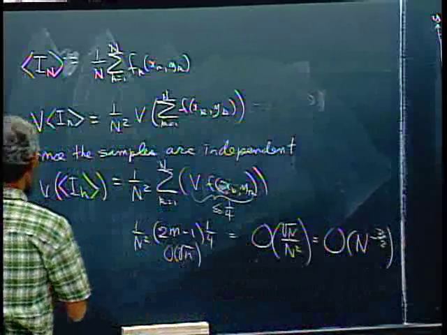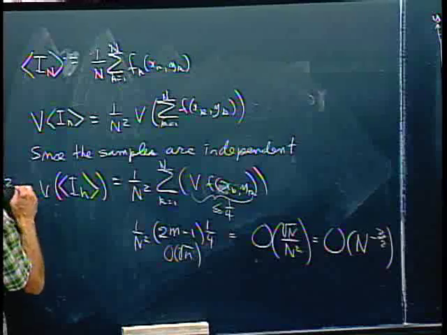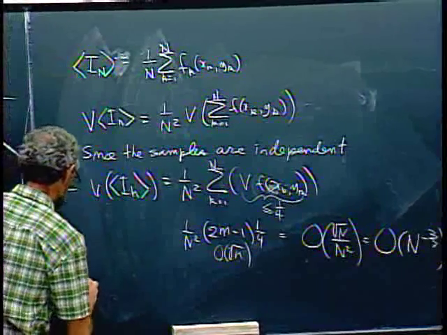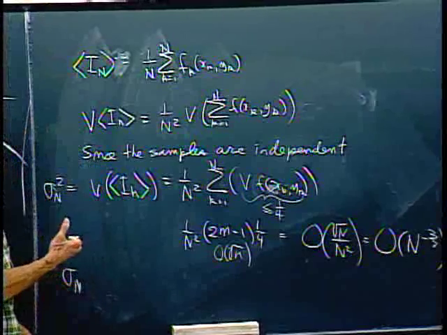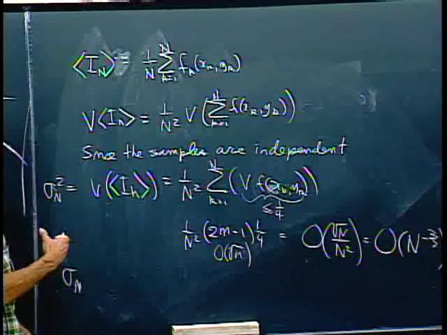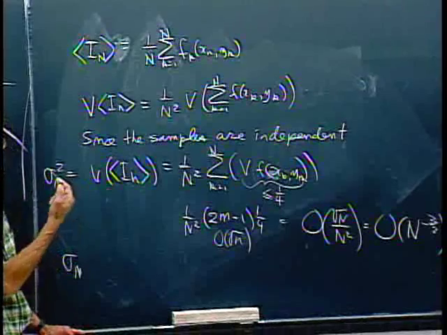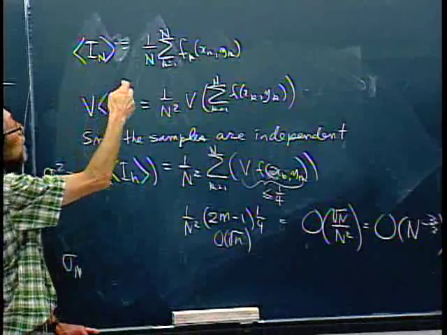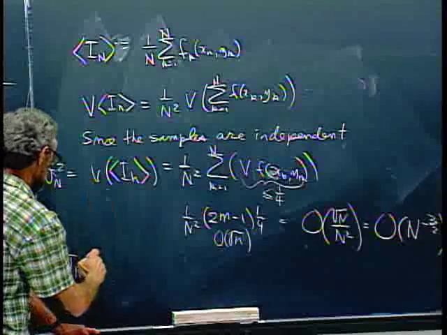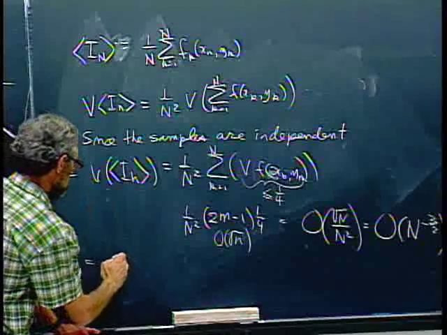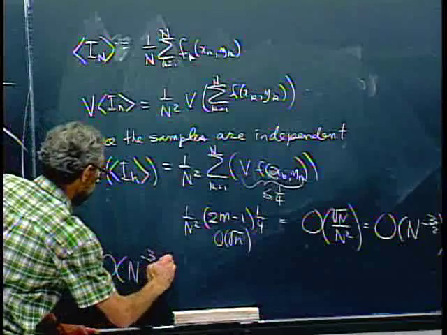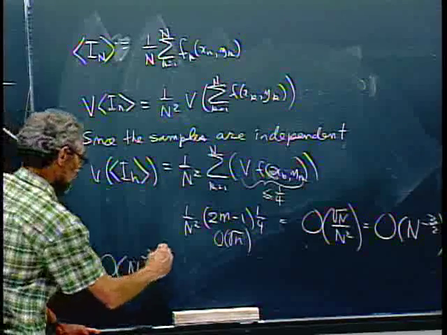So this is the sigma squared for n samples. If you want to know the average sort of error you get, the standard deviation measures how much of an expected error you'd have for any given estimate like this compared to the true answer. That's equal to big O of n to the minus 3/4, the square root of that.